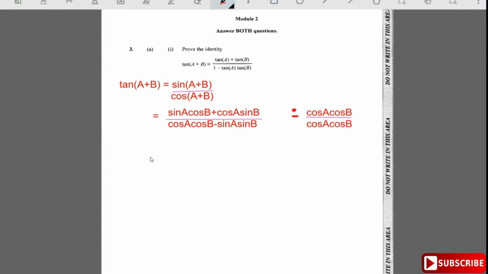So now, when I do the division, sine A cos B over cos A cos B, let me write it out, we will see it better.